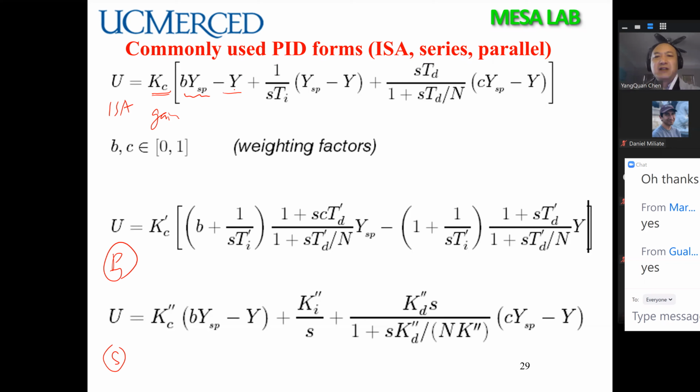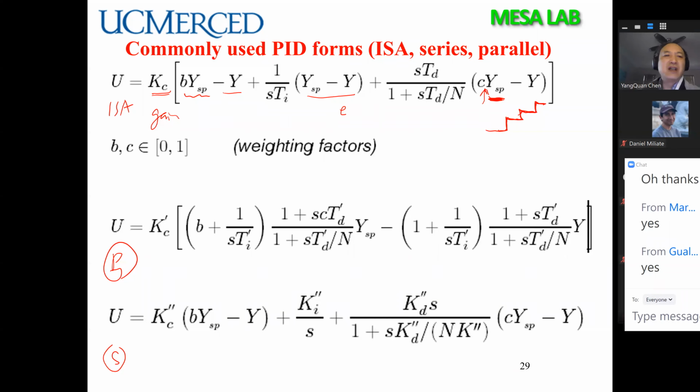This is feedback. So this is error. It's very interesting. If you have a C in here, usually this is a constant. But if my reference does something like this, some steps, constant for a while, then constant again, when you have this kind of change, they use this C to tune that.